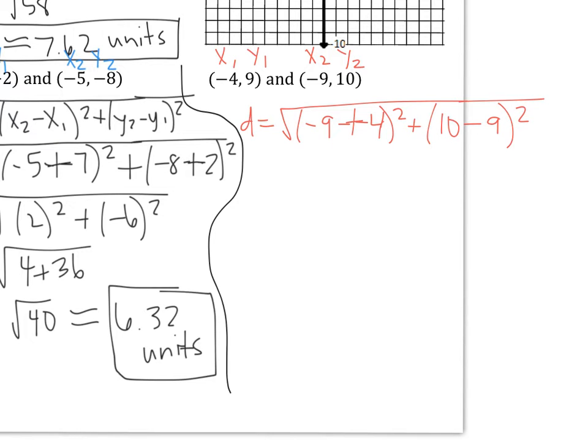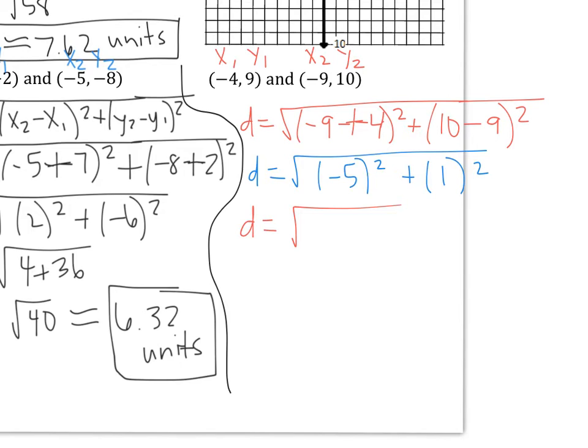And now I'll go ahead and do a little bit of math. So negative 9 plus 4 is negative 5 squared, plus 10 minus 9 is 1 squared. So now, continuing, negative 5 squared is 25 plus 1. So the distance equals the square root of 26. We know this will be between 5 and 6.